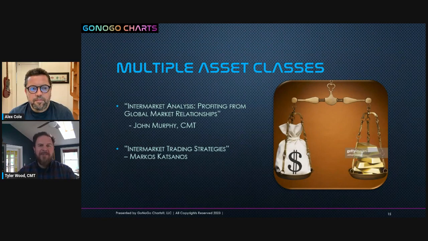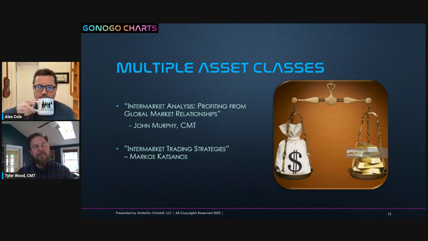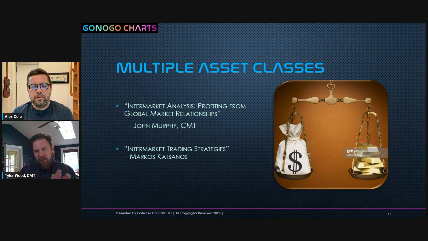Now, we originally learned all of this from the great John Murphy, a fellow CMT charter holder. But we've also studied a lot of the works in the CMT curriculum from folks like Marcos Katsanos, who helped identify some of those correlations and quantified what the relationship is across the asset classes. So even if you are an equities only trader, I would encourage you to take a look across the asset classes for those important intermarket relationships.